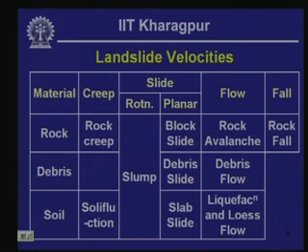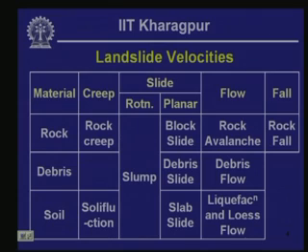Then in the third column, it has got 2 parts. You could have rotational slide or planar slide. The rotational slides are lumped together for all rock, debris and soil, different classes of material, with the name slump.